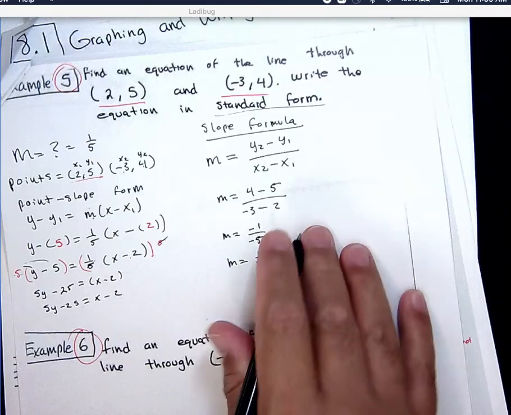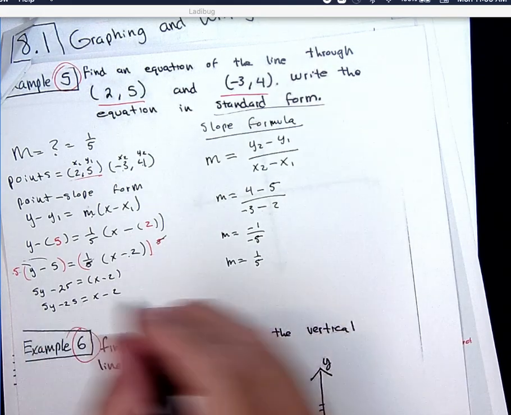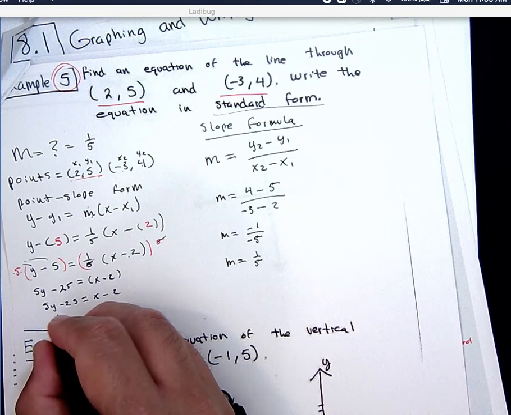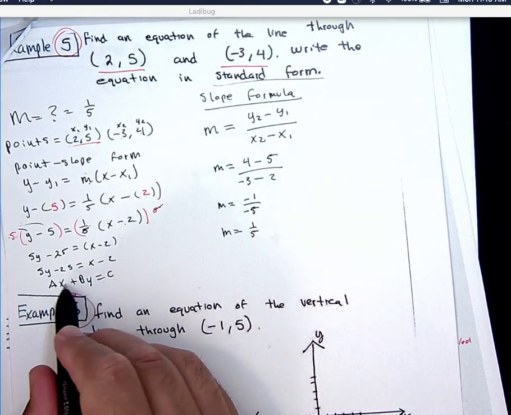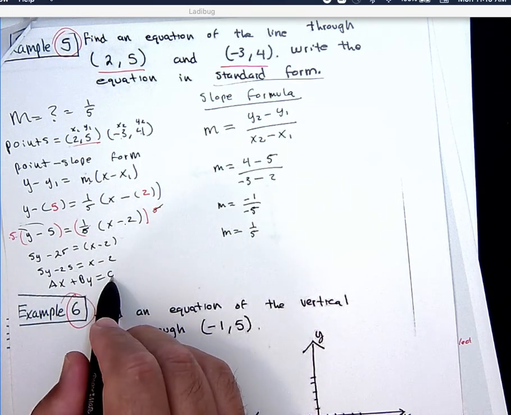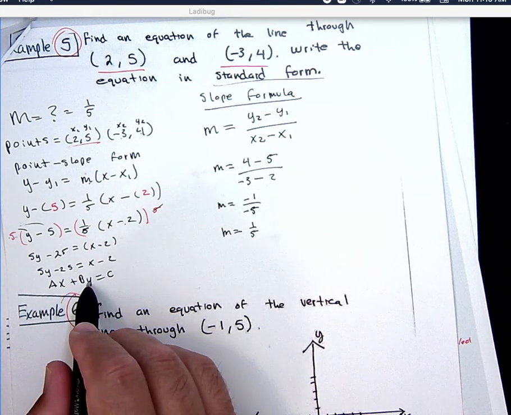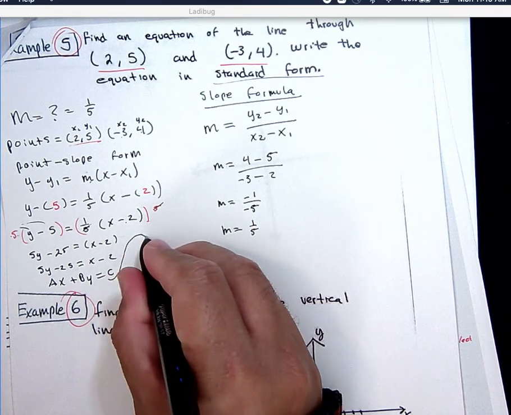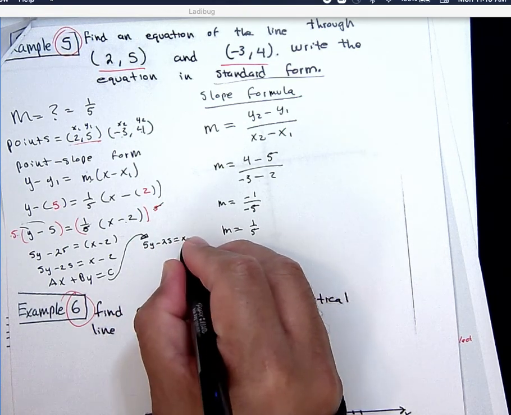So to convert it into the standard, remember standard looks like, I'm gonna write it here, ax plus by equals c. So the x has to be on this side, and these numbers have to be on the right side, and then the y stays there on this side. So let's continue here. 5y minus 25 equals x minus 2.